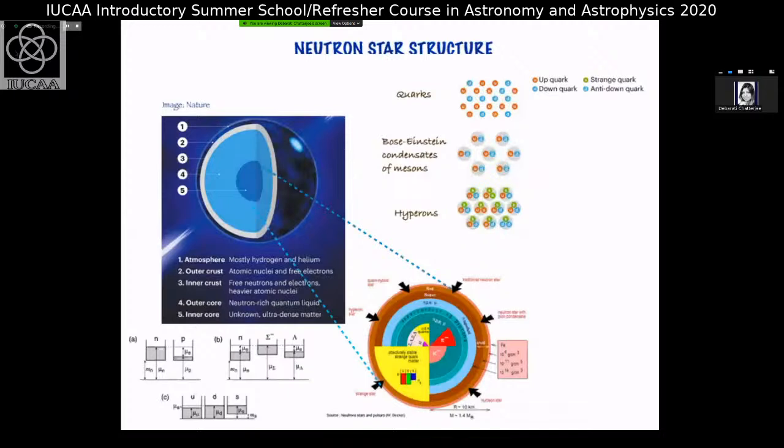I mean, there are many other suggestions, but let's consider deconfined quarks, so basically a soup of quarks. There could be pairs of quark antiquarks, and these are called mesons. So there could be condensates of mesons which can appear in the core. There could also be hyperons. These are like neutrons and protons, but instead of up and down, there are also strange quarks involved.